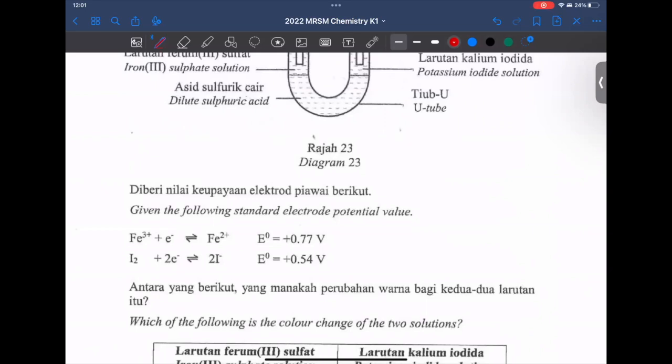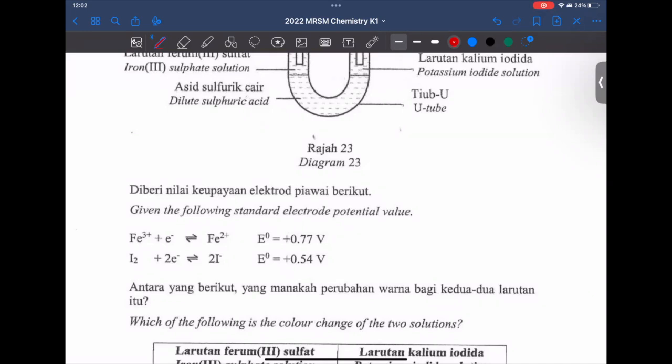So we will say that the more positive the E naught value, the more likely you'll be able to accept electrons, correct? And the less positive the E naught value, the more likely you'll be able to release the electrons.